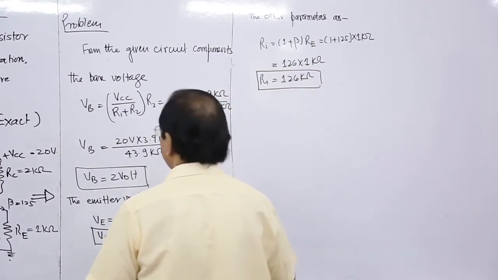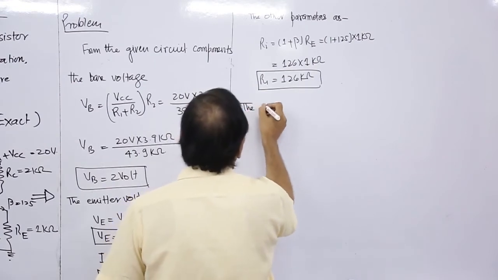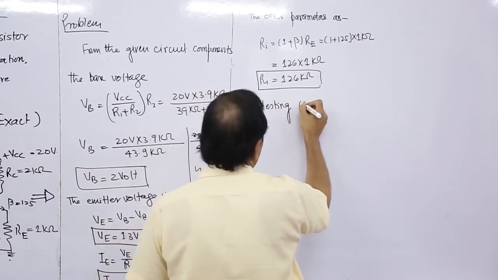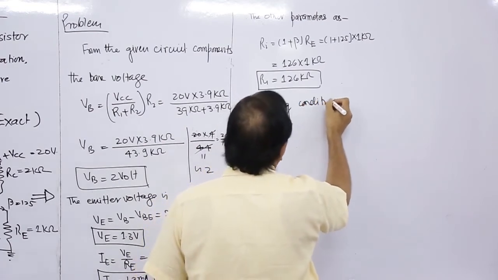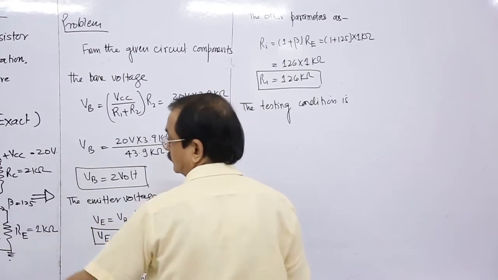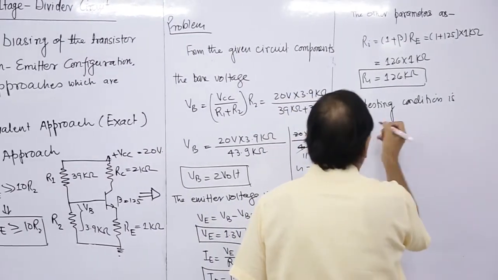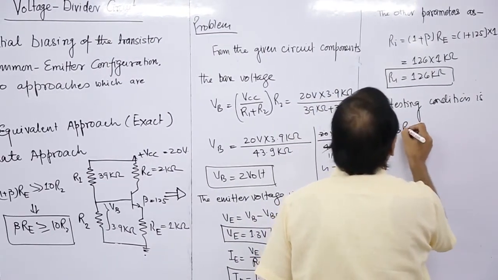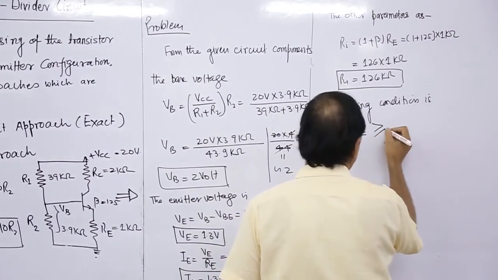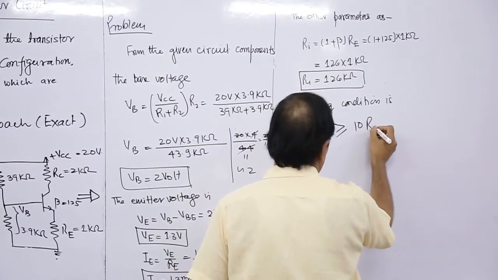The testing condition is beta RE greater than or equal to 10 times R2.